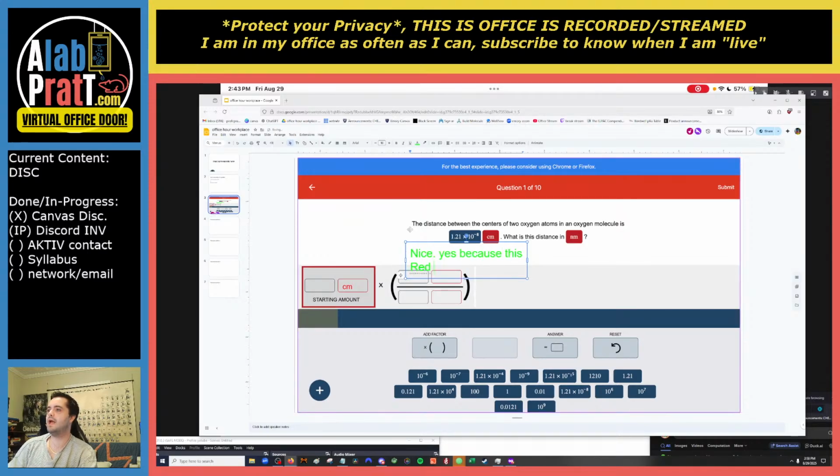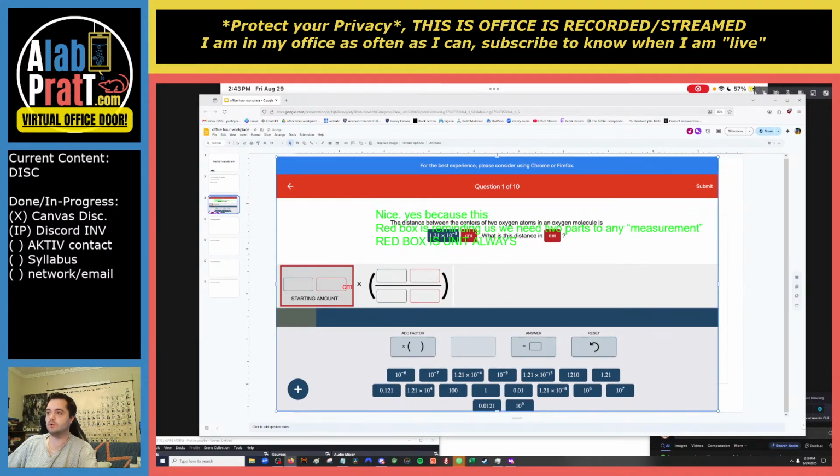Because this red box is reminding us we need 2 parts to any measurement. And so the red box is unit always. Well, maybe I shouldn't say always, but it looks to be this way.